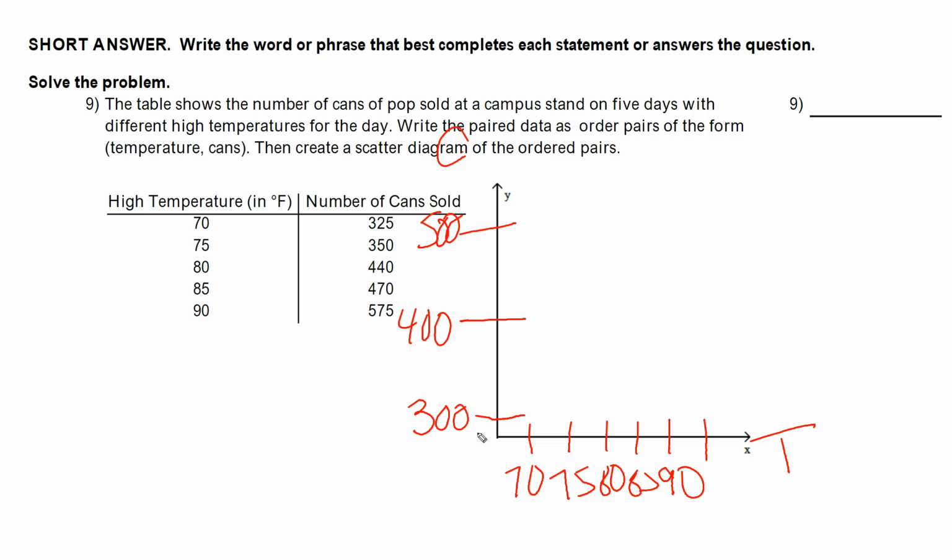And then I will say 70 here. It was 325, so about like that. And then 75, 350, about there. 80, I have 440, which is about there. And then 85, I have 470. And 90, I have 575.